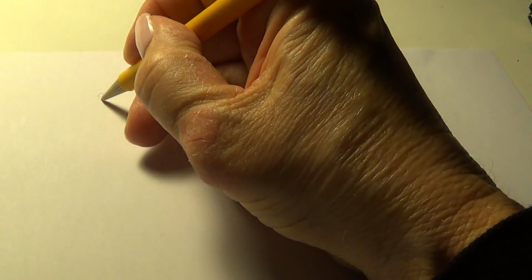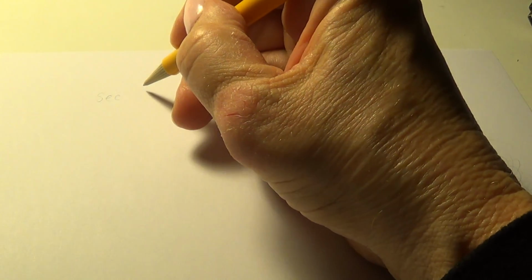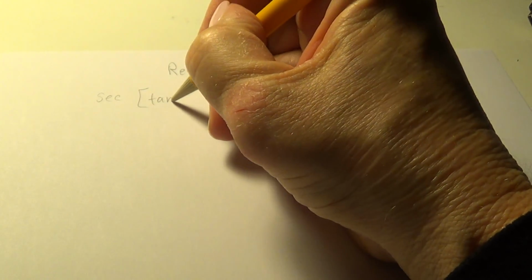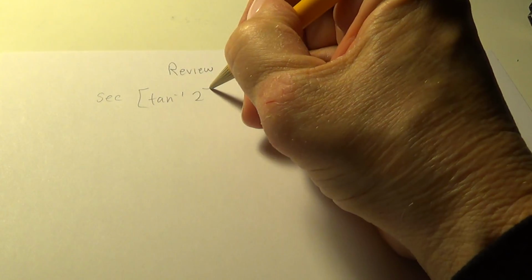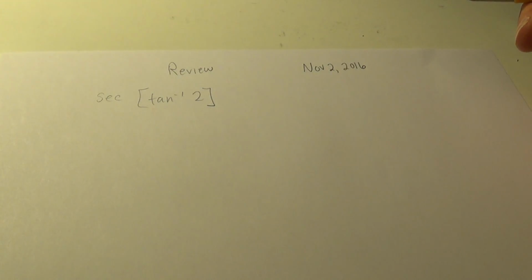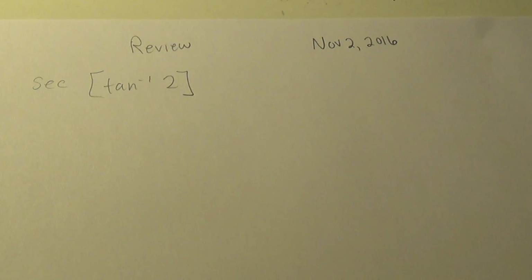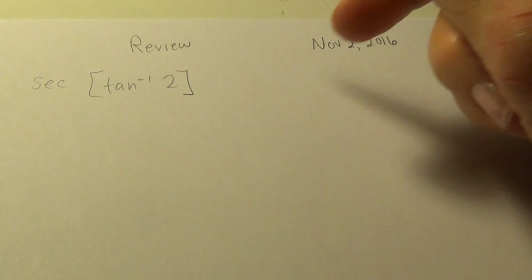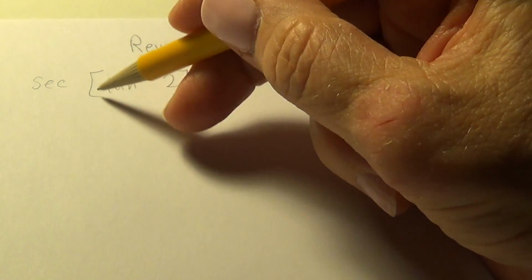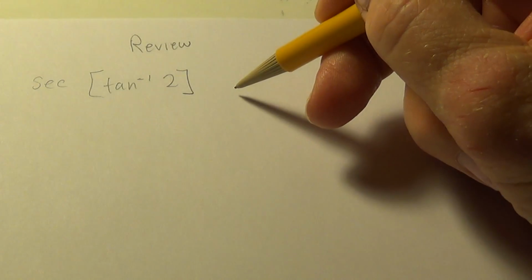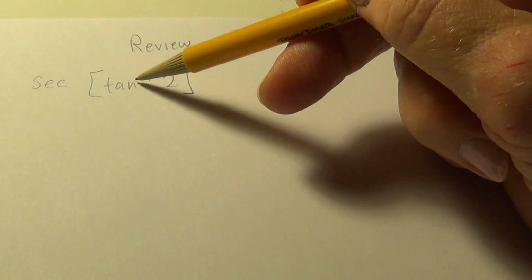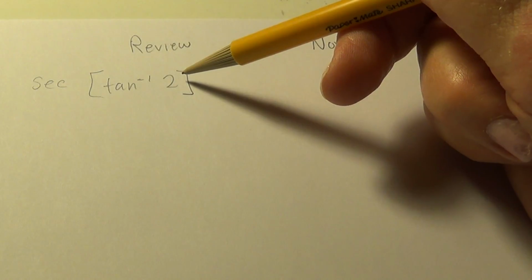All right, we were talking about inverse trig last night, so I'll just remind you how that works. If you're looking at the secant of the inverse tangent of 2, this is not going to be found on the unit circle, so we can't find a tangent of 2 on the unit circle.